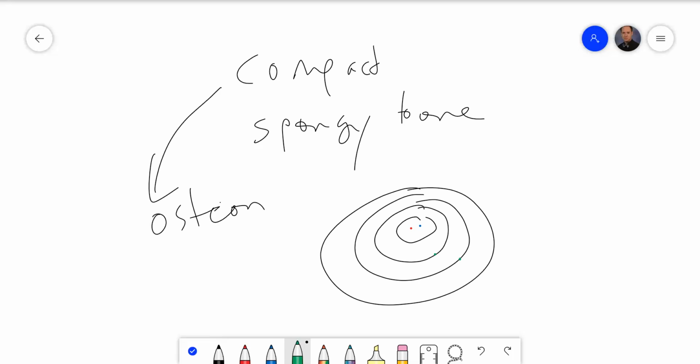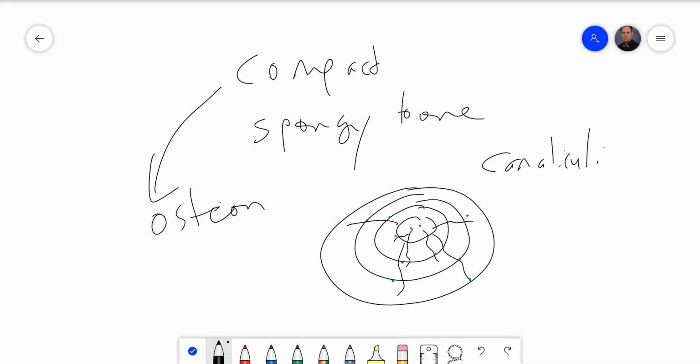Situated along these will be the actual bone cells, and you'll see little thin channels cut through there. Those little channels are called canaliculi, tiny canals, because bone is solid.